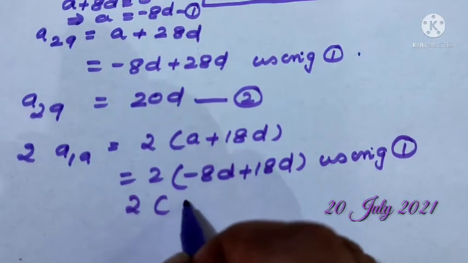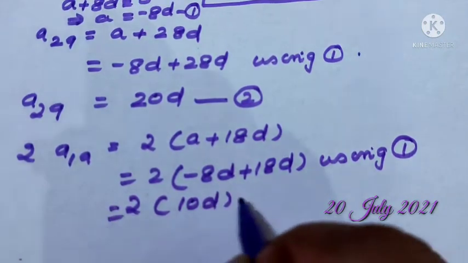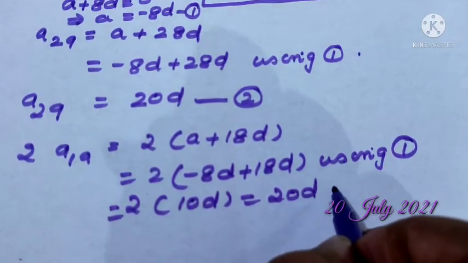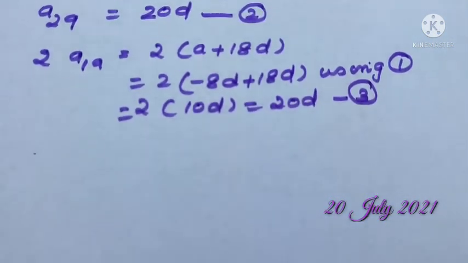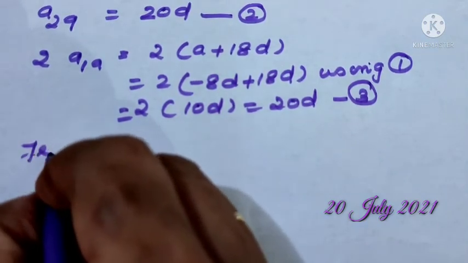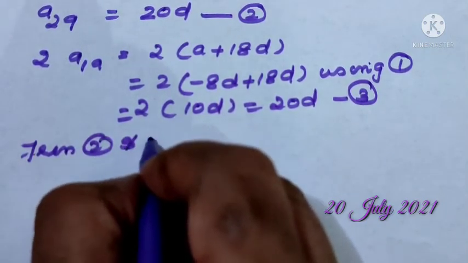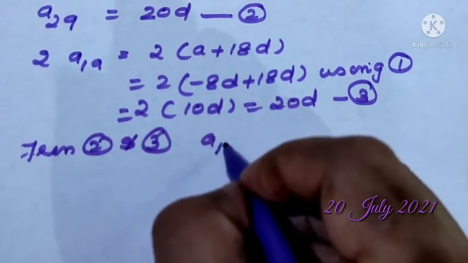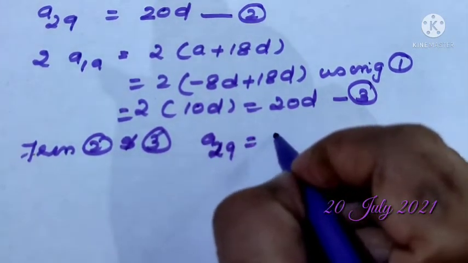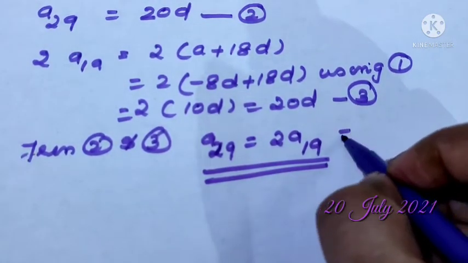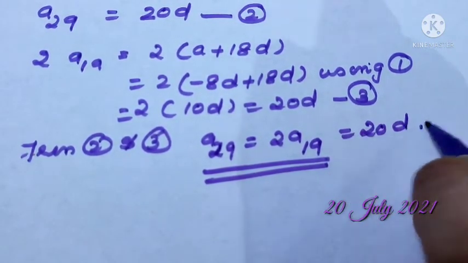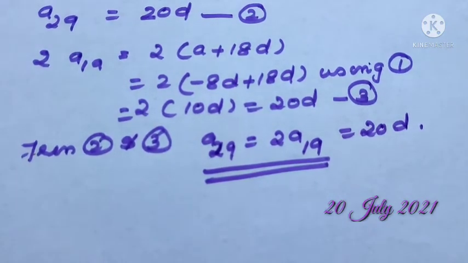So 2 into 10D, which equals 20D. Now from 2 and 3 what is the conclusion we are having? So from 2 and 3, A29 equal to 2 into A19. Both are equal to which value? 20D. Nothing, we have to take the equation and use one or two equations like that and solve, that's all.